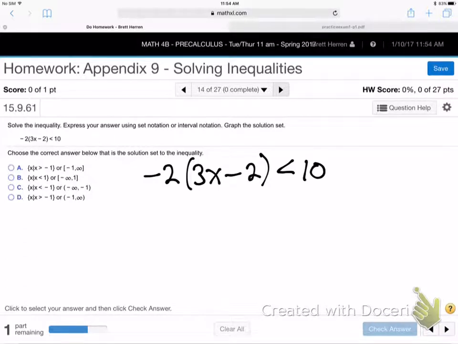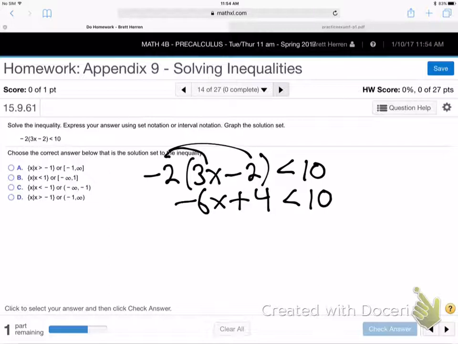So you start by distributing, right? Negative 2, boom, and a boom. We get negative 6x plus 4. We get to there? And now how do we solve for x? You guys know, right? Subtract the 4.